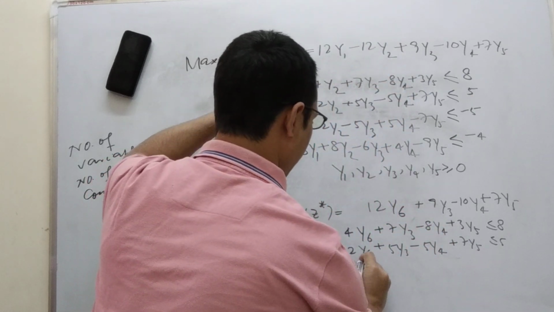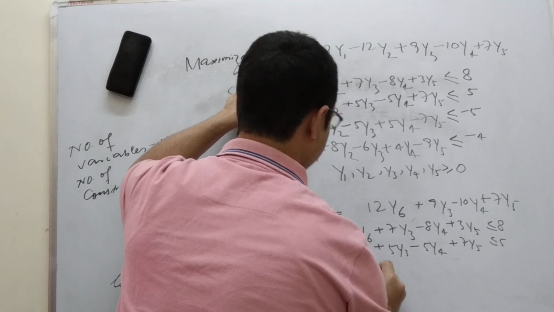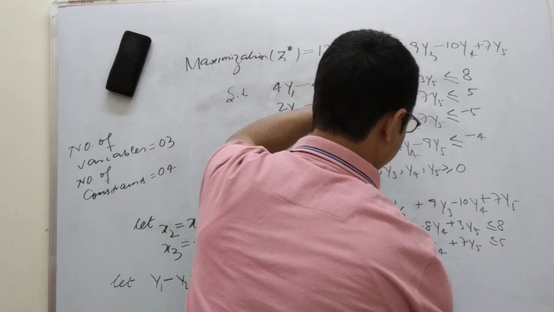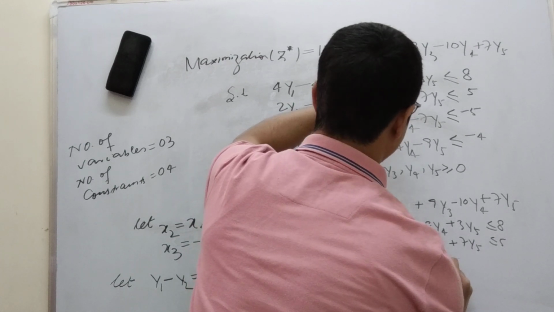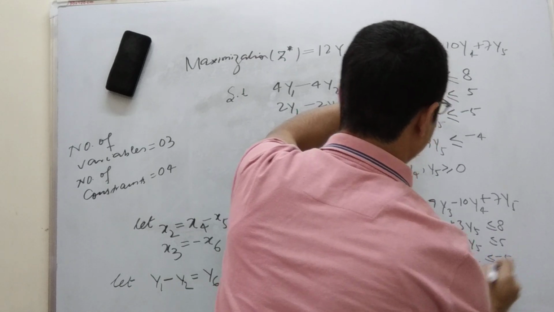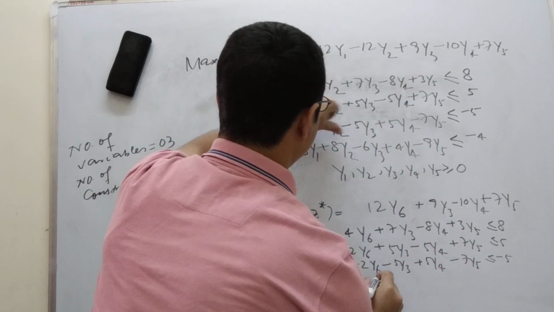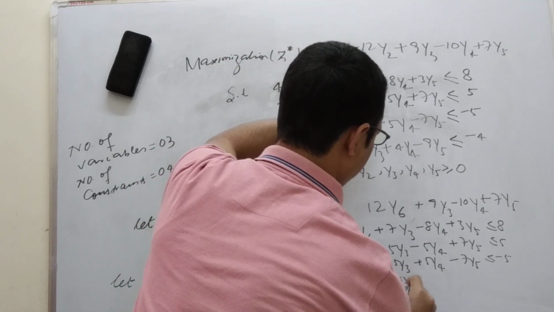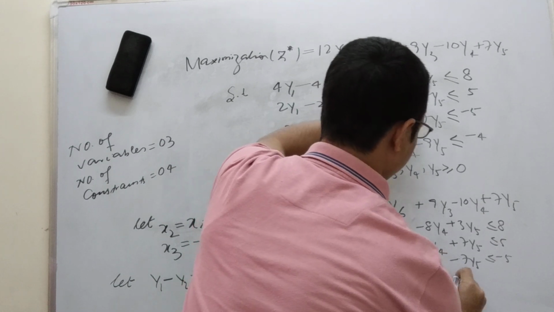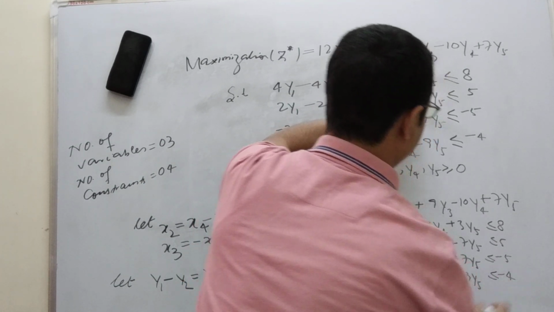Here minus 2 y6 minus 5 y3 plus 5 y4 minus 7 y5 less than or equal to minus 5. Minus 8 y6, here minus 6 y3 plus 4 y4 minus 9 y5 less than or equal to minus 4.